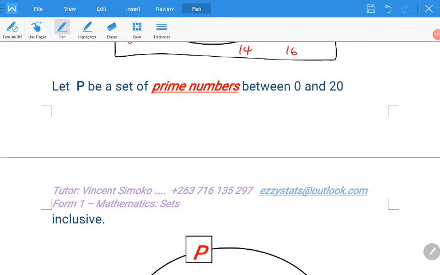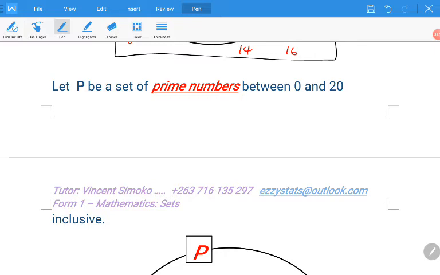Another example, let P be the set of prime numbers. A prime number is a number which is divisible by itself and 1 only, leaving no remainder.